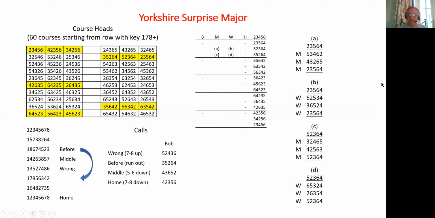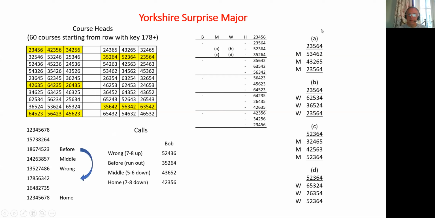Let's try calling 3 wrongs at position B instead. The first call a wrong would take us to 62534. Again, if we look at that in the table on the left, that's fine, that's available. But 36524, which comes up after the next wrong, we can't do that because we've got 35642. We're already ringing that elsewhere in the composition over here.